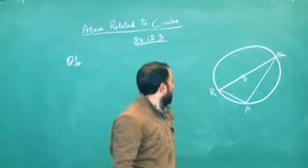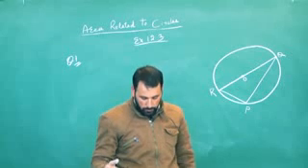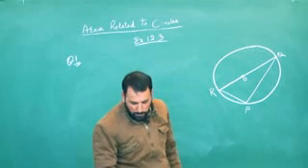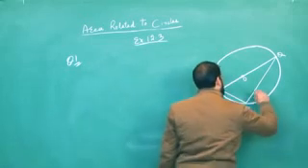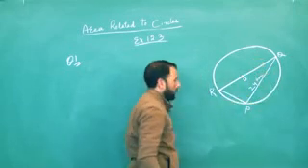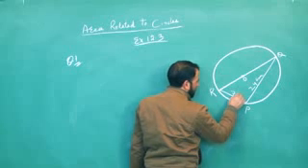So RPQ is a triangle here. It is given that PQ equals 24 centimeter. PR is equal to 7 centimeter.